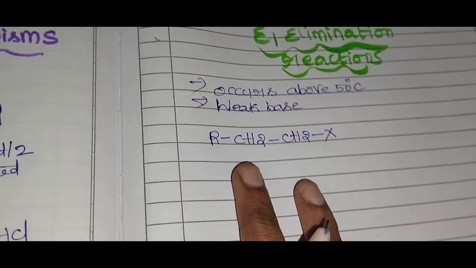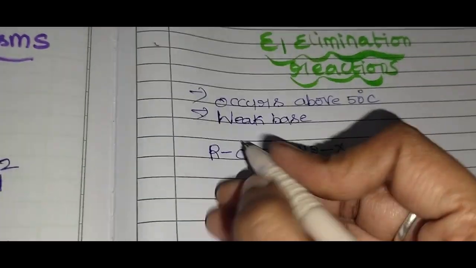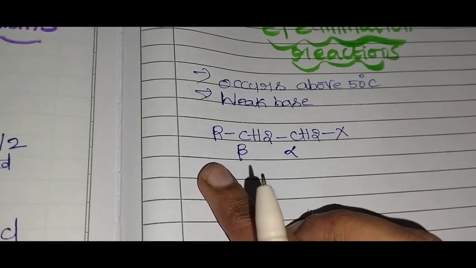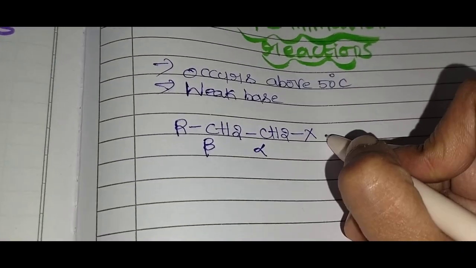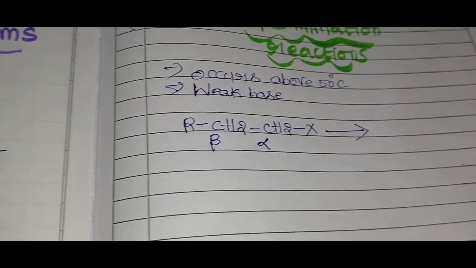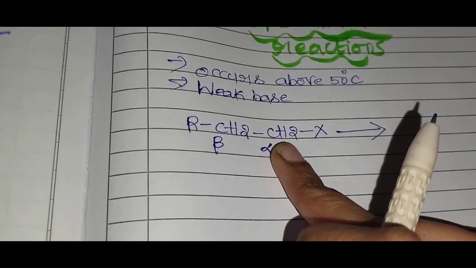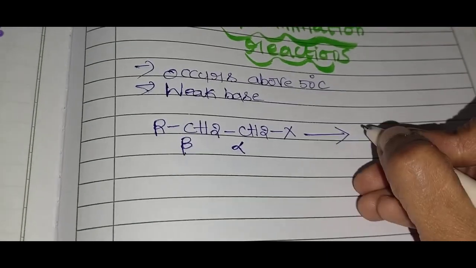When we take it like this, this is the alpha carbon and this is the beta carbon. What happens in the first step? In the first step, from the alpha carbon, X will be removed.